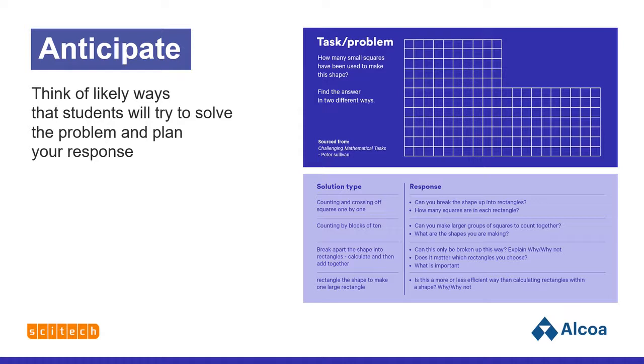The fourth option that she has here is to rearrange the shape to make one large rectangle. The question she asks here is, is this a more or less efficient way than calculating rectangles within a shape? Why or why not? Notice she doesn't tell them either way. And in this case, it may or may not be more efficient.